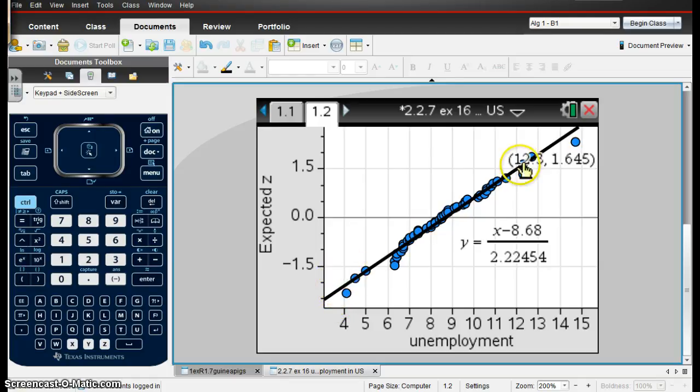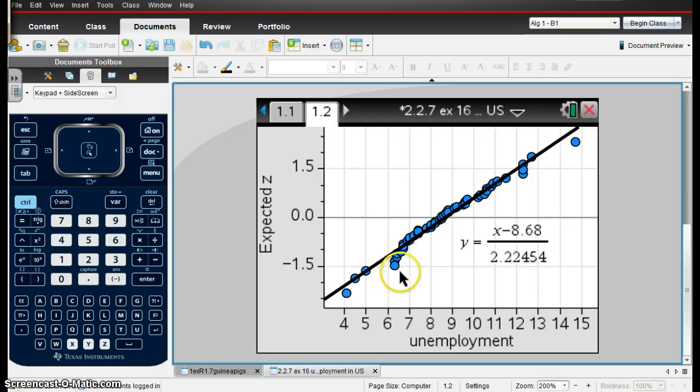We're seeing if that produces something linear, and indeed, except for this little area, generally it does say that these data are well modeled by a normal distribution.